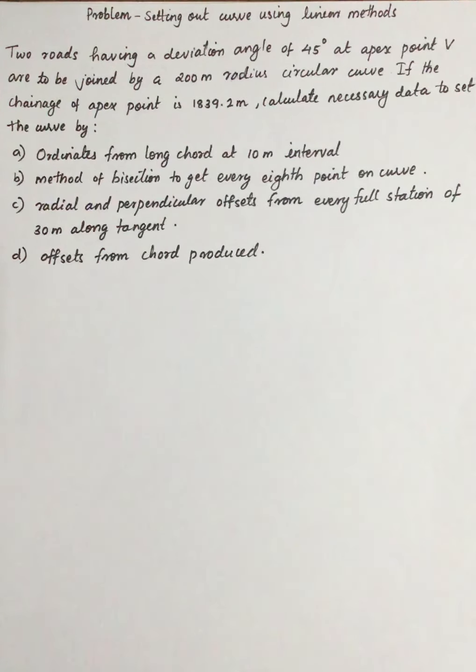Two roads having a deviation angle of 45 degree at apex point V are to be joined by a 200-meter radius circular curve.